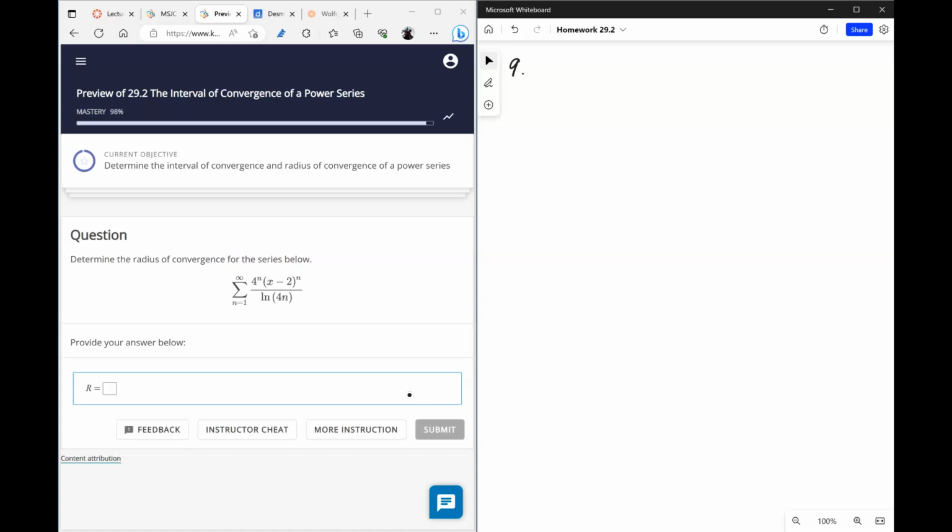And probably the last question, we have the following series. And we're going to set up the ratio test by taking the limit as n goes to infinity.